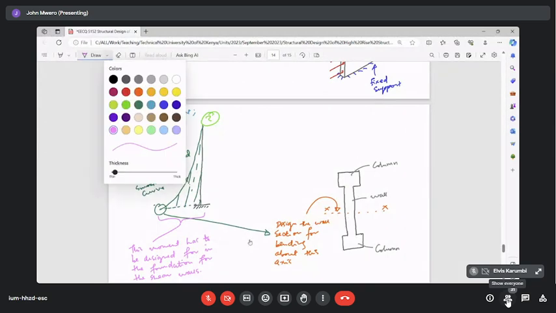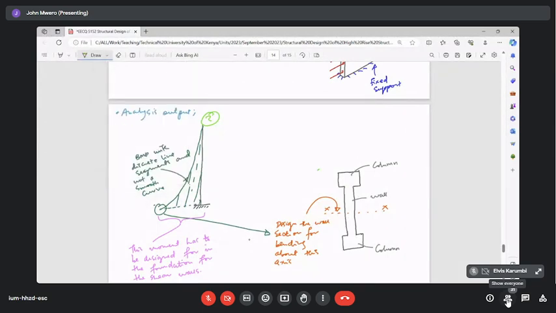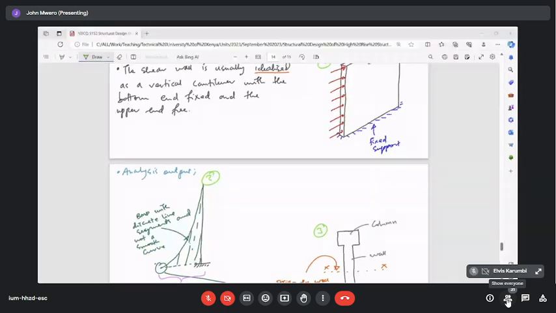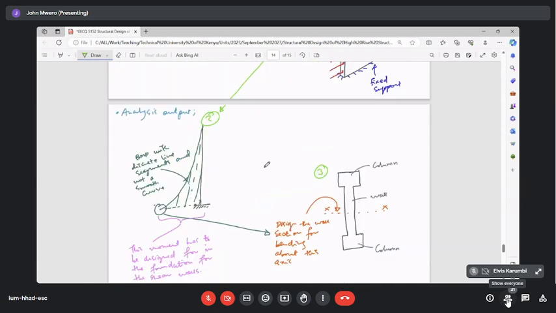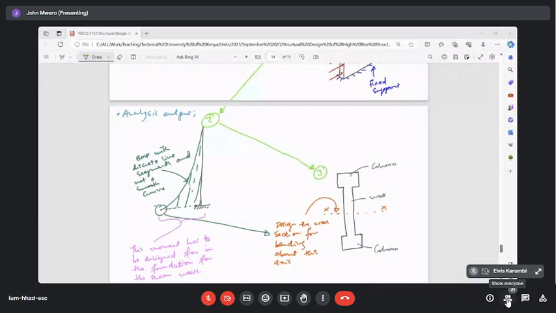This then constitutes the third step of the shear wall design. So we would start with idealizing and loading the shear wall. Then we will use those loads to calculate the bending moments and shear forces. Then we would use those bending moments to design the wall for bending.